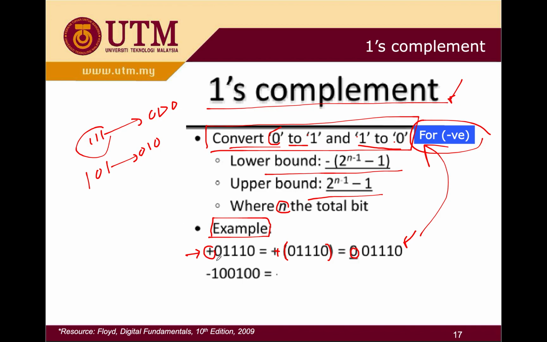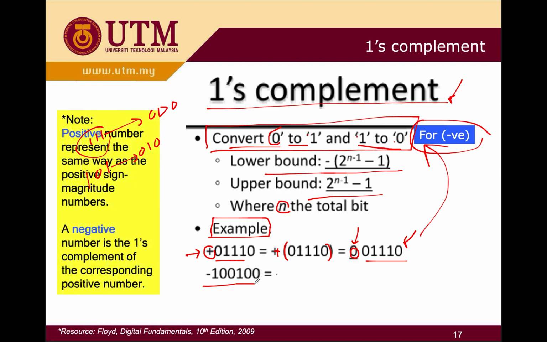If you were given the positive number and you're going to change it into first complement, it's going to be similar, only you change it in front, positive or negative. Nothing happens inside the number. But when you deal with the negative number, what you need to do is change it.